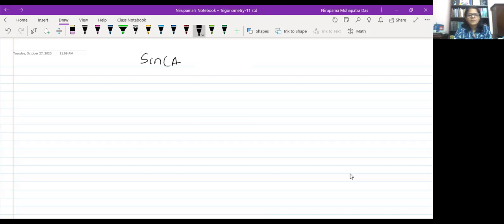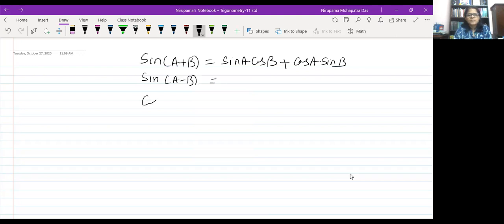Either you write alpha plus beta or A plus B: sin A plus B is sin A into cos B plus cos A into sin B. And cos A plus B equals cos A into cos B minus sin A into sin B, right?